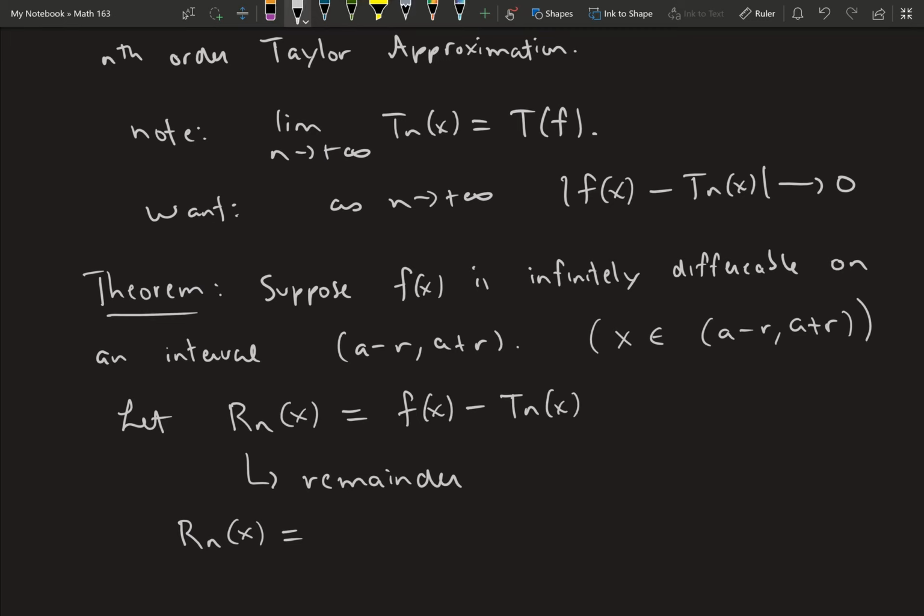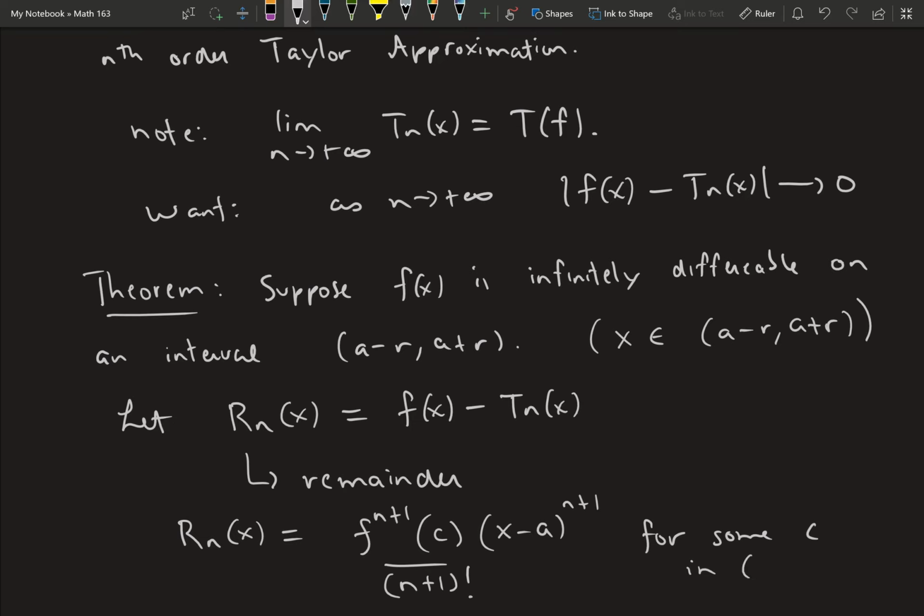Then the remainder here actually depends on the next term, the n plus 1th order term. And let's call this, for some c in a minus r, a plus r, the remainder equals f to the n plus 1 of c, times x minus a to the n plus 1 over n plus 1 factorial.